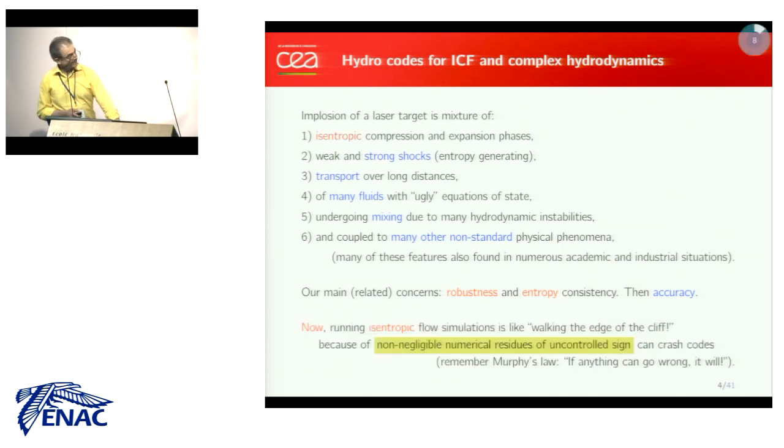Now, running an isentropic flow is like walking the edge of the cliff, because you have non-negligible numerical residues that can be of uncontrolled sign, and these eventually can crash codes. And remember Murphy's law: if anything can go wrong, it will, and it does. It's an everyday issue that we have to face.